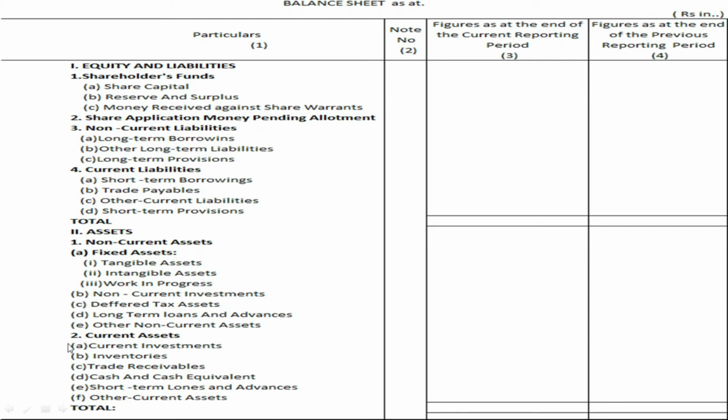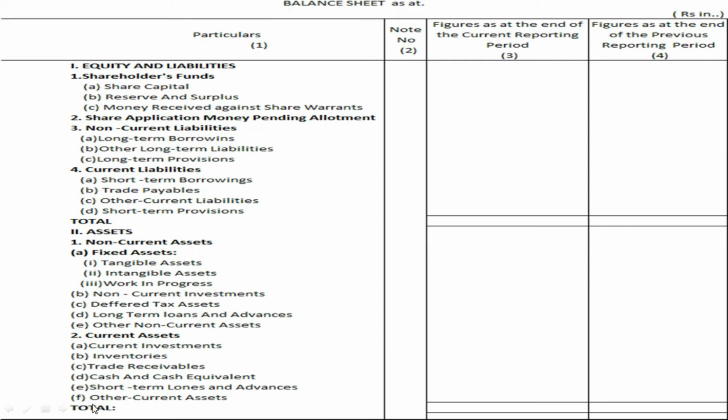Next to that, you come and see what comes under current assets. It includes current investments, inventories, trade receivables, cash and cash equivalents, short-term loans and advances, and other current assets. These all items you can remember as CIT, CSO. That means CIT, those who come to check the income tax.